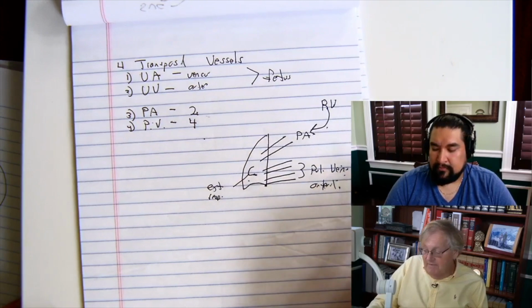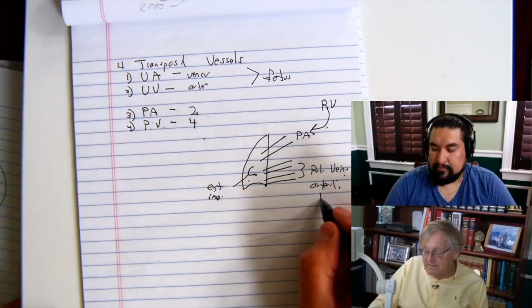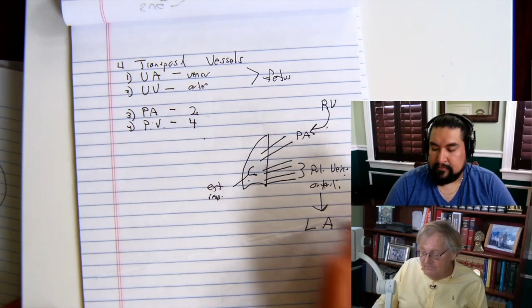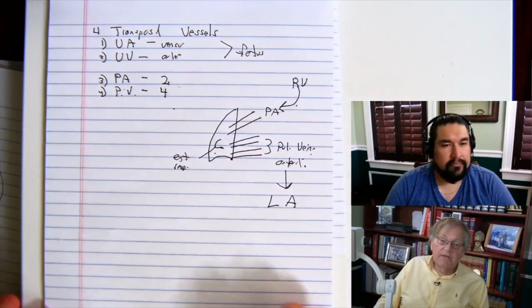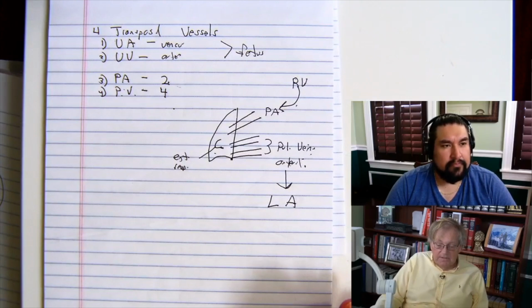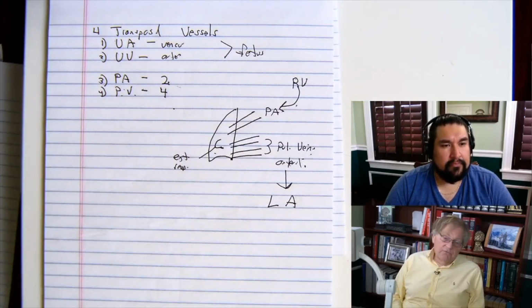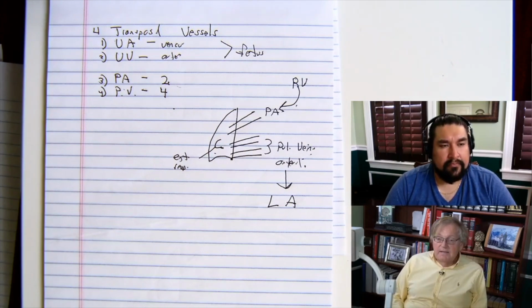The pulmonary veins can only go one place, and that is into the left atrium, and then eventually to the left ventricle and enter the systemic circuit. So that's the way you want to picture the four transposed vessels and their significance.